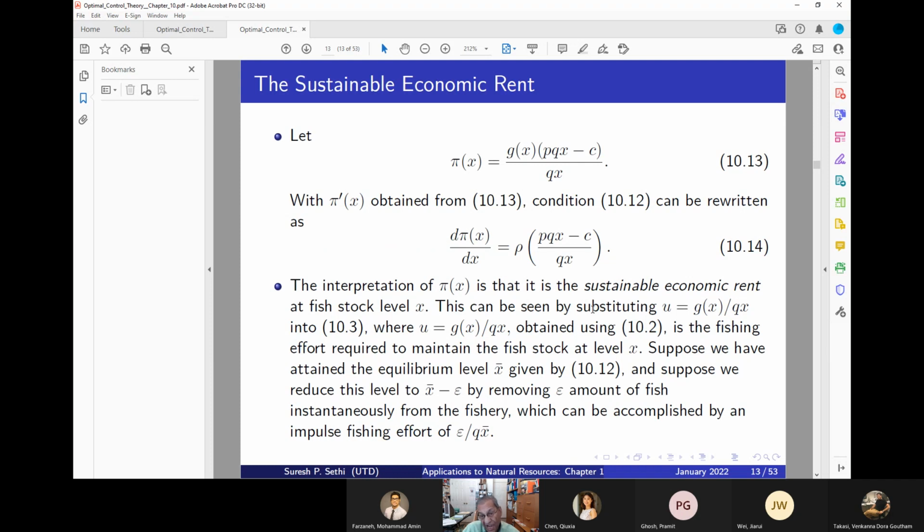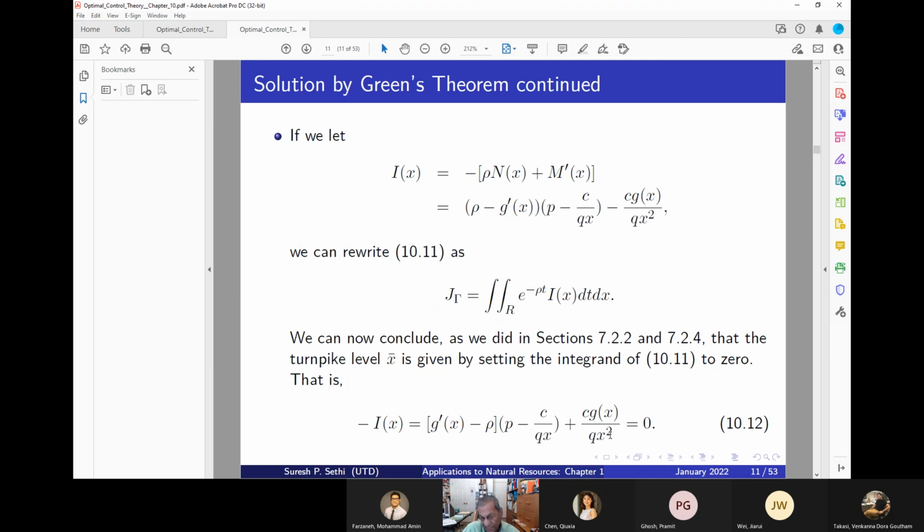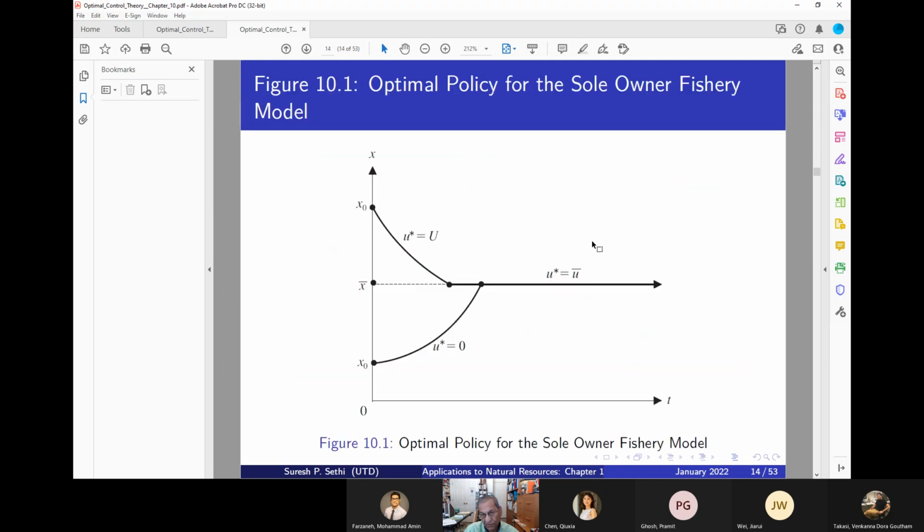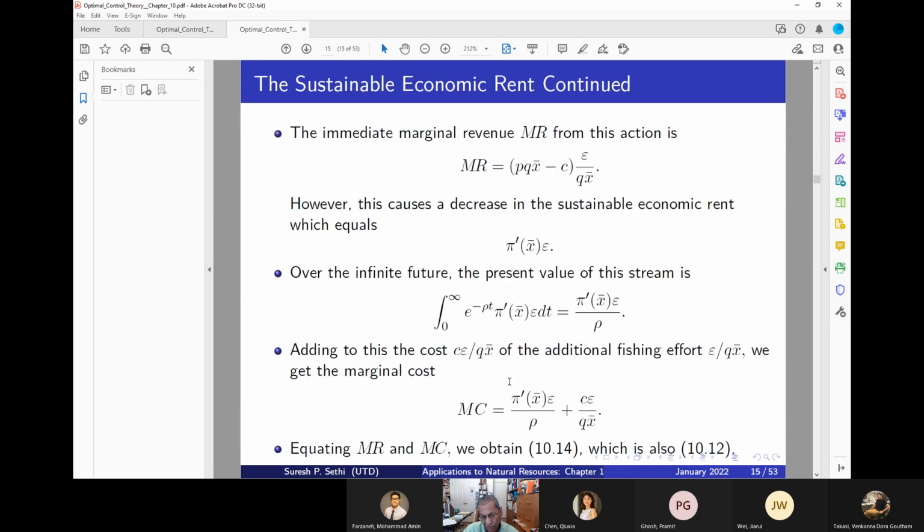So now I only have to show that my marginal revenue equal to marginal cost gives me this equation or this equation. They are the same. If you equate those two, this is something you have to do at home. When you read this book, you have to see this, and when I say equate this, you get 10.14, which is the same as 10.12. You have to do this.